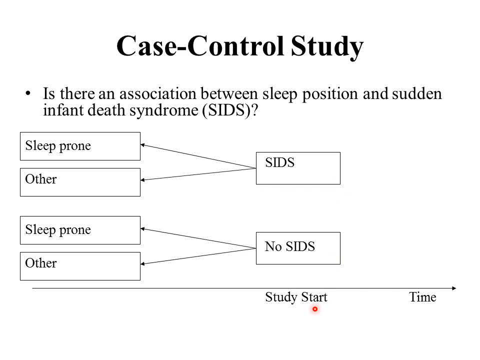And so we start here in time, identifying these two groups, and then we look back into time and look at how those babies slept, whether in the prone position or some other position. And then we collect data from back here and analyze it with appropriate statistical techniques to look for an association between sleep position and whether they were in the case or the control group.